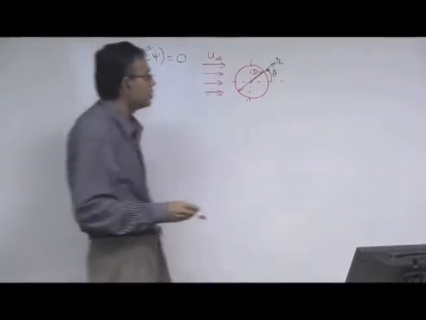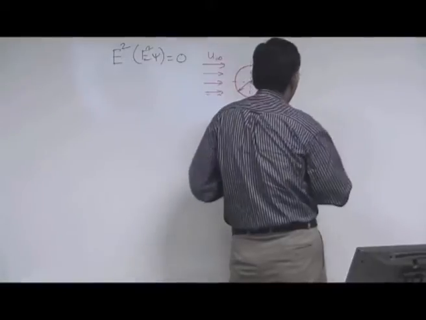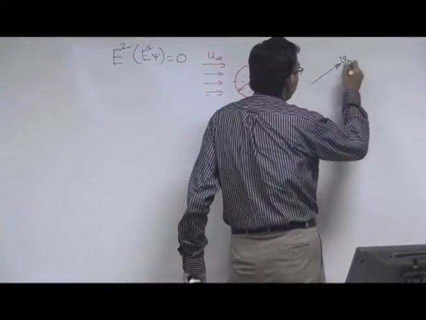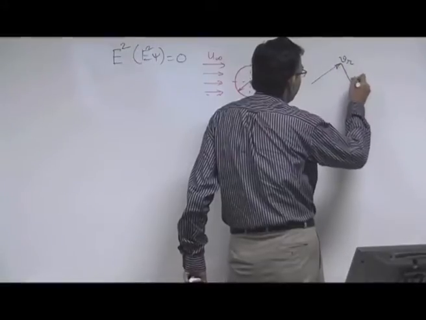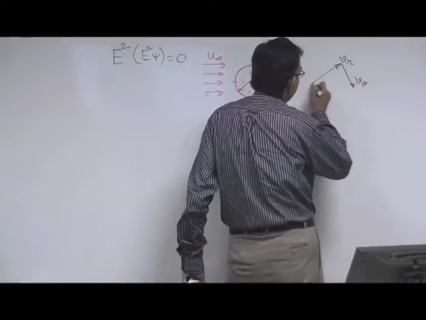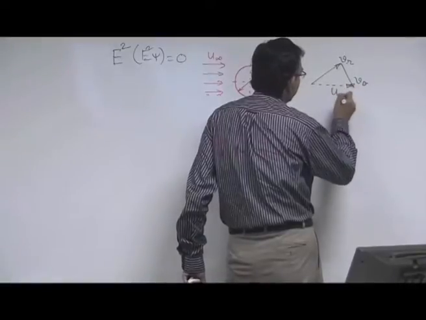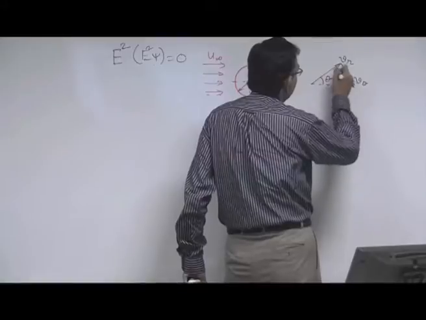in the downstream. So, if you have this as Vr, then this will be the V theta, and this is the resultant which is u infinity. This angle is theta and this angle is 90 degrees.